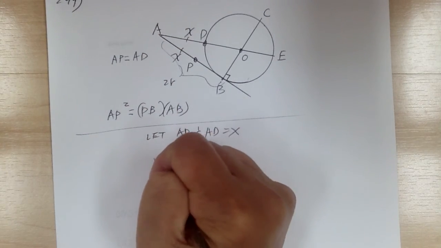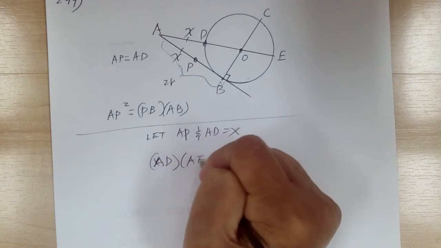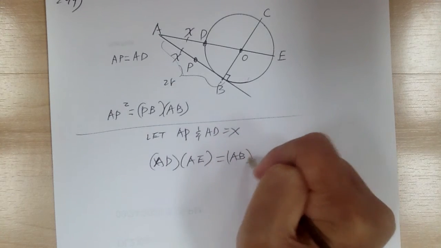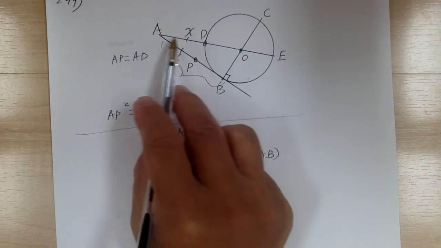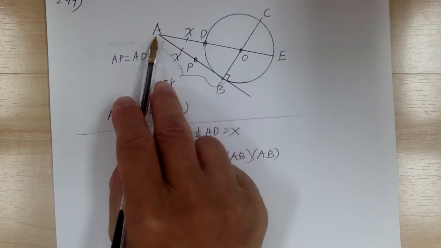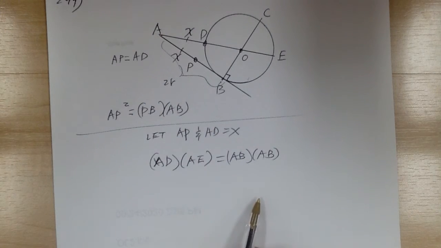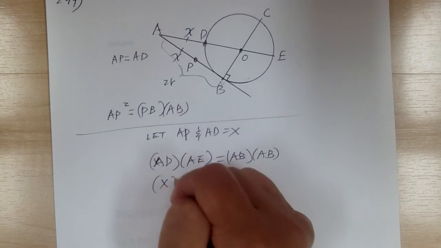Let's do the letters first. So AD times AE equals AB times AB, right? So point to circle times point to circle equals point to circle twice, because it's a tangent point. So AD is x.